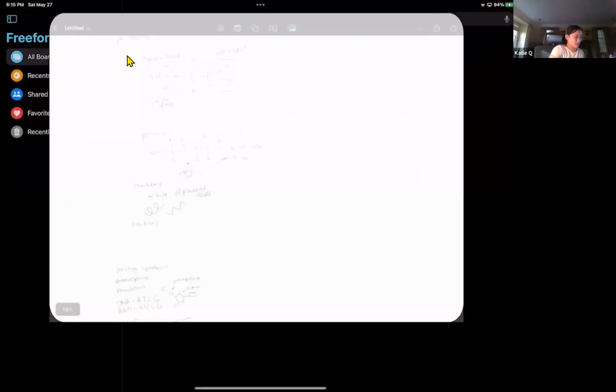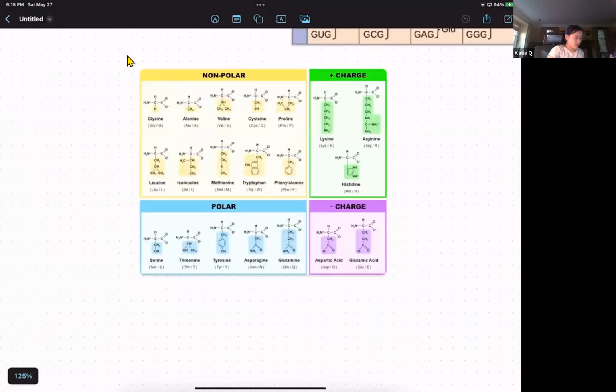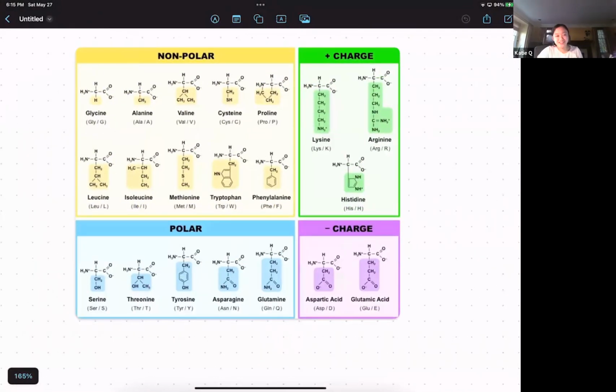So let me go back here. This is the chart. Can everyone see the chart? Okay, well, this is the chart.